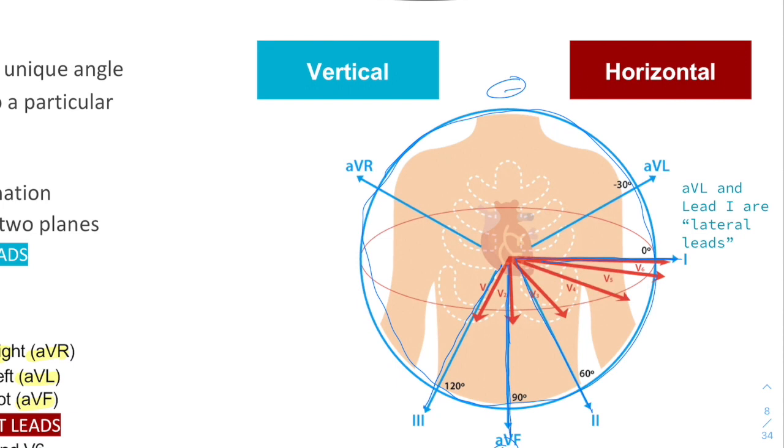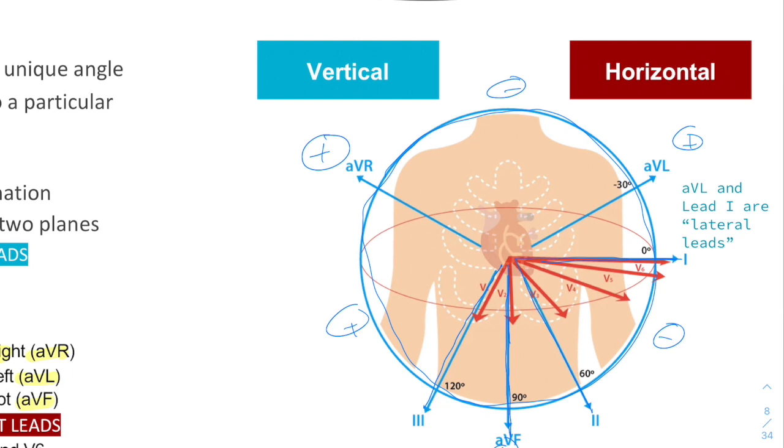The same thing for AVR, where this is the positive end and the negative end would be opposite it, and then same thing for AVL. All of this is going to come into play when we are discussing determining axis, and also looking at what our leads are telling us.